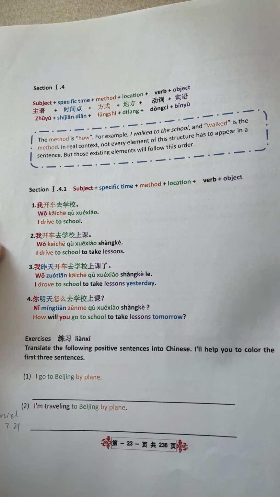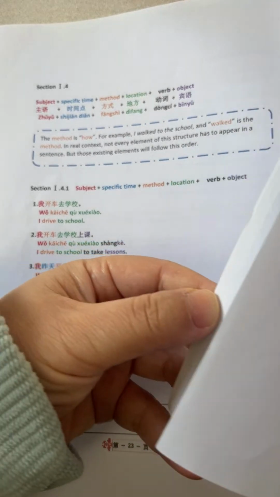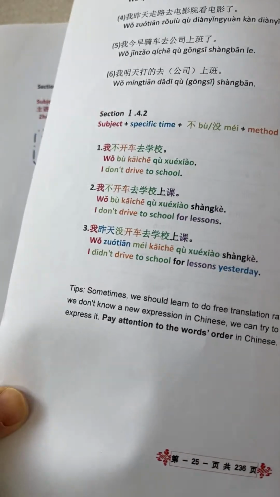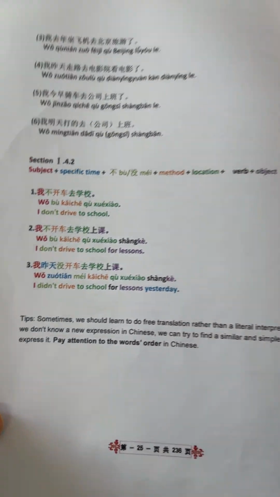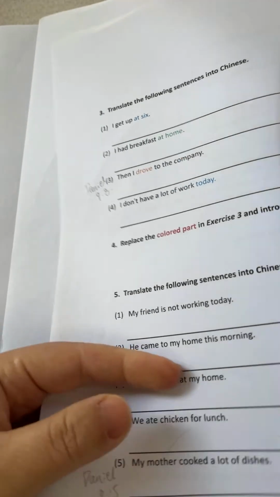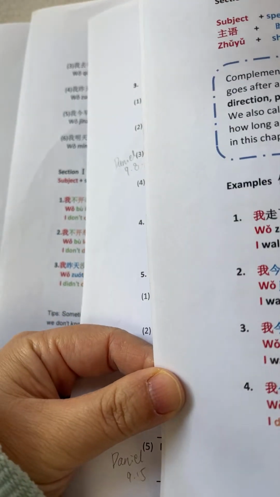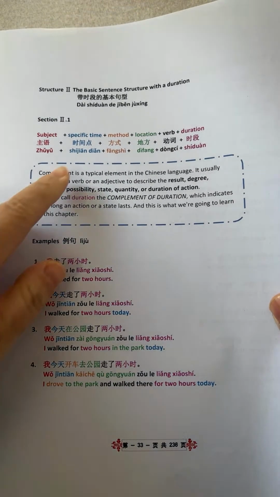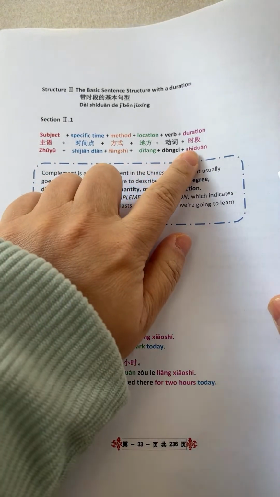And in Chinese, there are two types of time phrases, so you should be careful about that: specific time and duration.